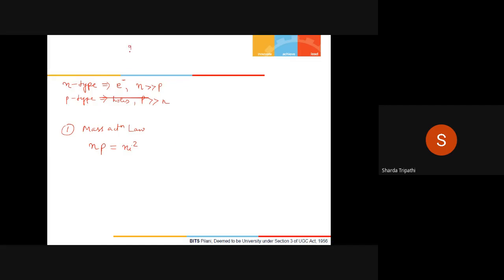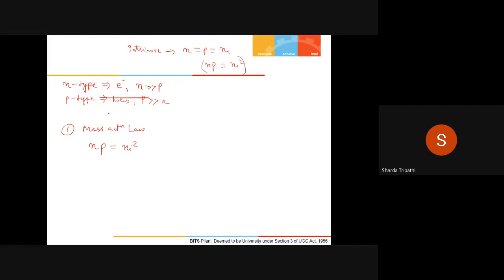Earlier we have seen that for an intrinsic semiconductor, N was equal to P was equal to Ni. So obviously if you do N into P, this will be equal to Ni square. So this law is clear from here itself.